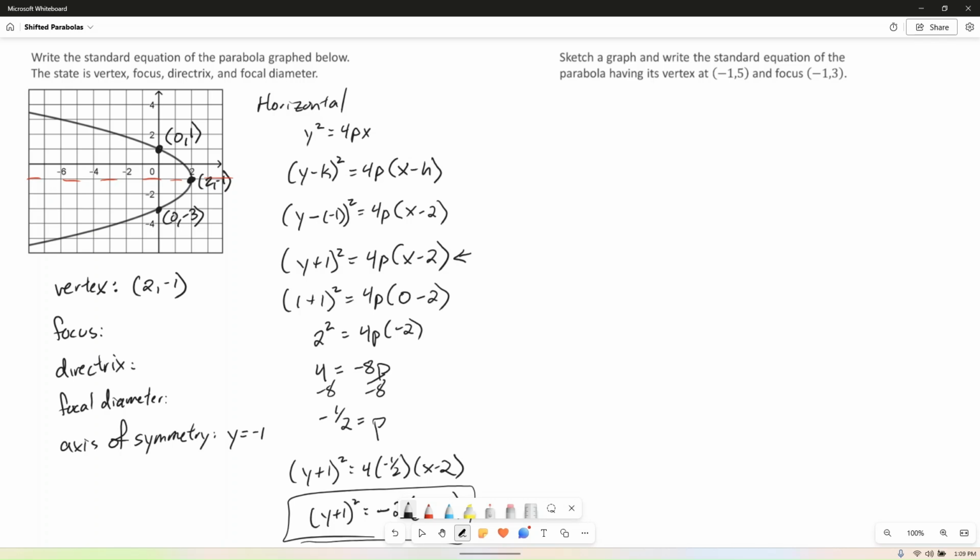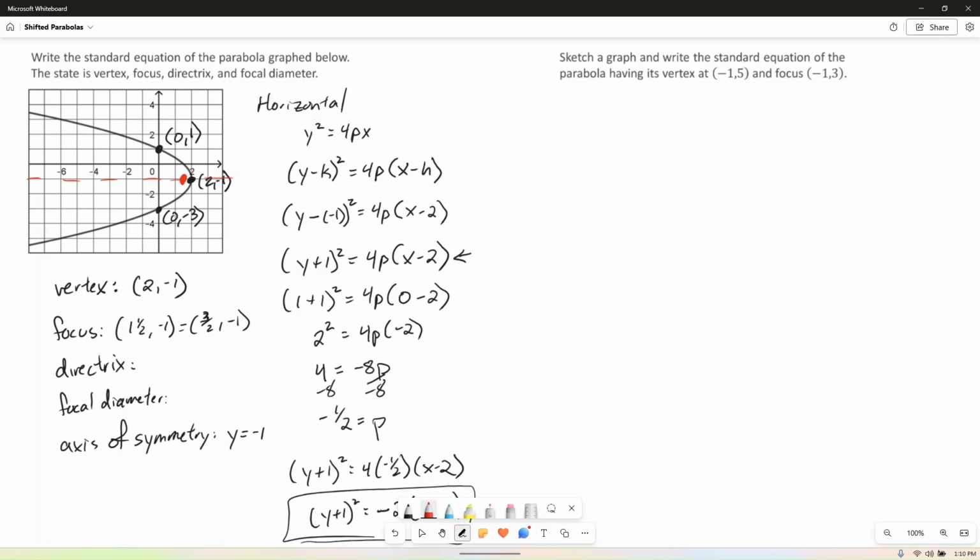So if it's opening around the focus, that means the focus has to be a half of a unit to the left of the vertex. If the vertex is at (2, -1), what's half of a unit to the left of that? It would be at (1.5, -1), or you could rewrite that as (3/2, -1). So that's where our focus is.